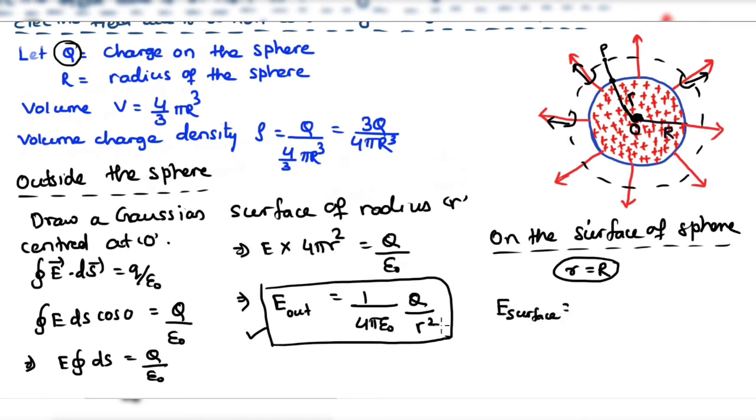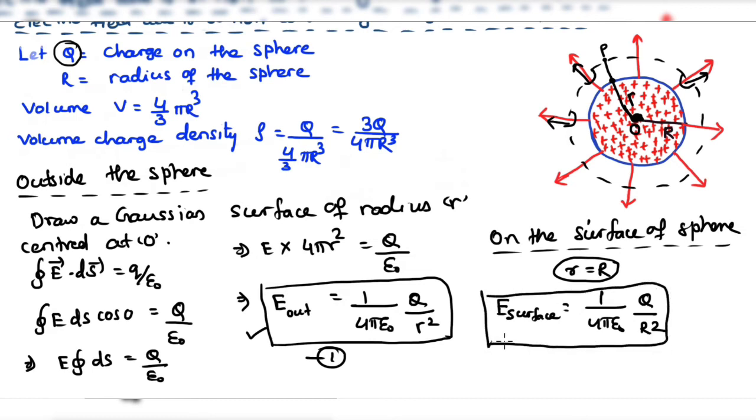Just replace this small r by capital R in equation 1. This is equation 1. So just replace this small r by capital R, you will get E surface. So that is equal to 1 by 4 pi epsilon naught Q by capital R square. This is the expression for electric field on the surface of the solid sphere.